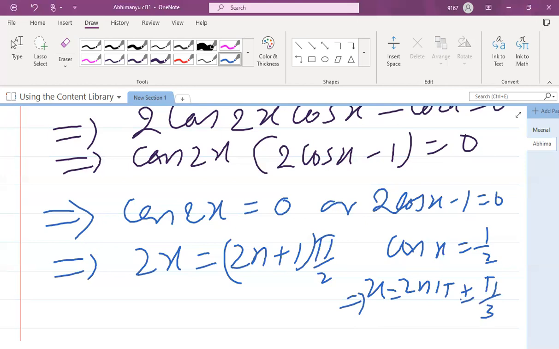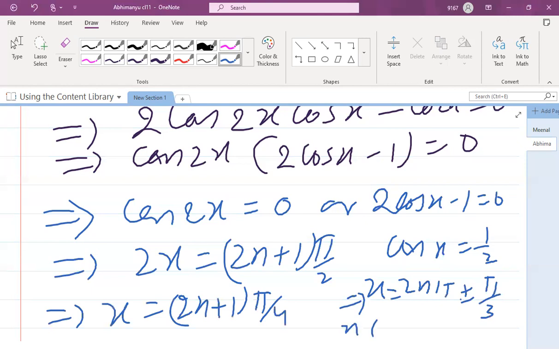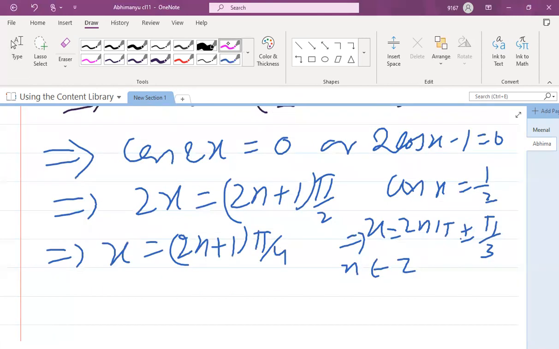And from the first we have x equals (2n plus 1) pi upon 4, and in both cases n is an integer, so these are the answers.